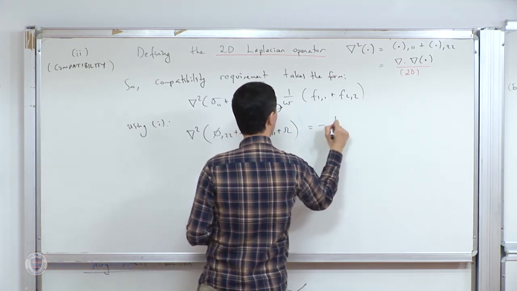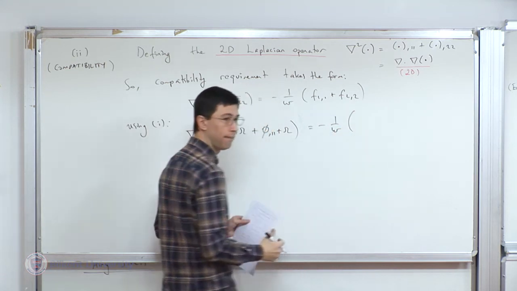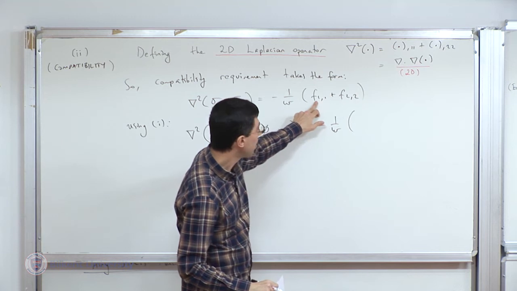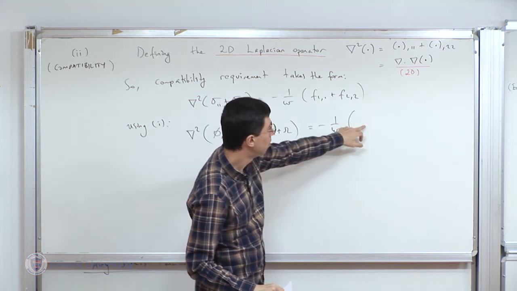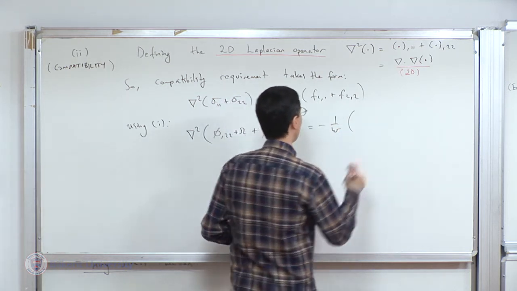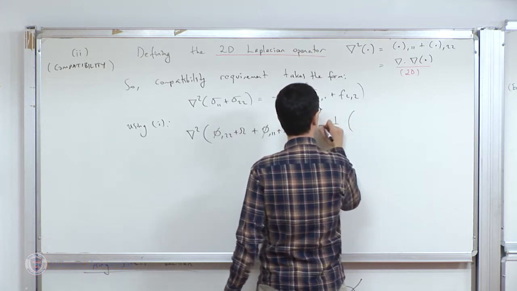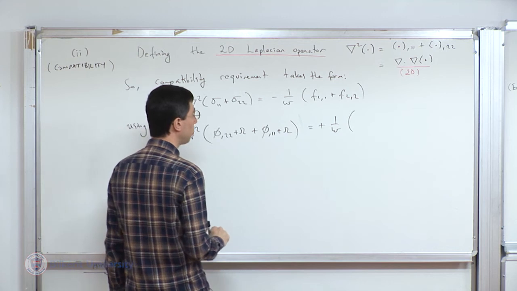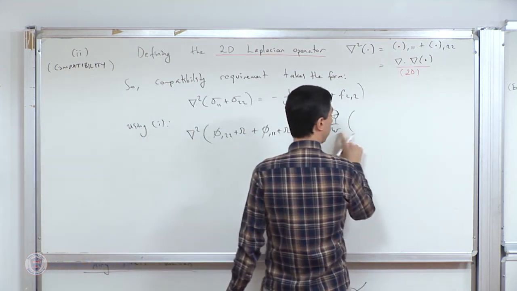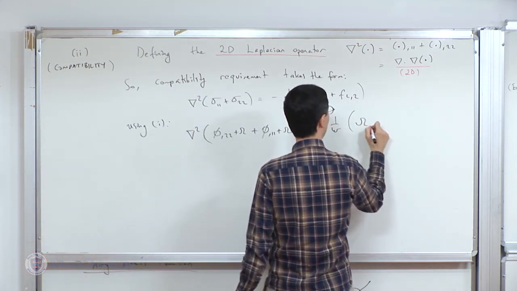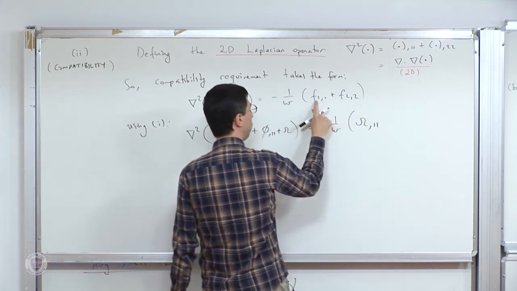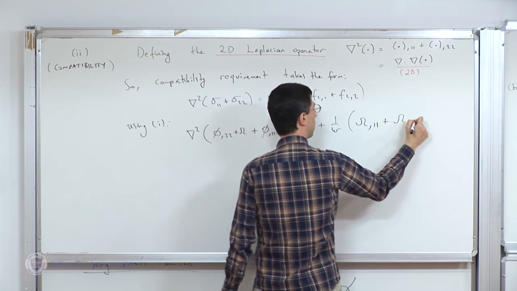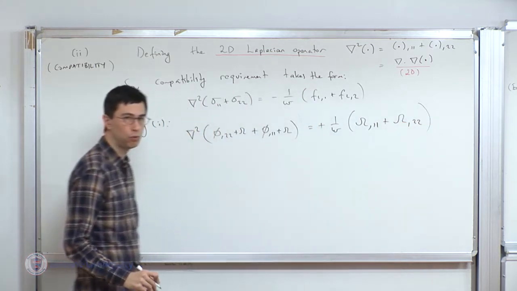And that's equal to minus 1 over omega. F1 is minus, so perhaps we can take the minus sign there, so that makes a plus. So 1 over omega, comma 1, right? F1 is omega, comma 1, another 1. Then plus omega, comma 2. That's F2, comma 2.